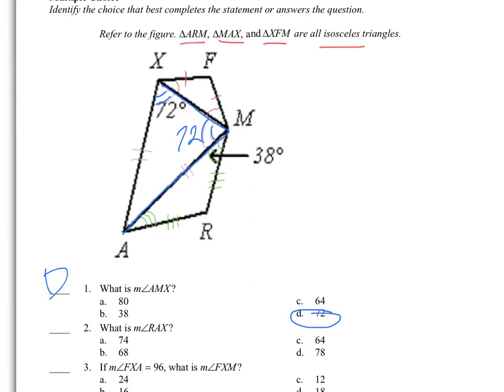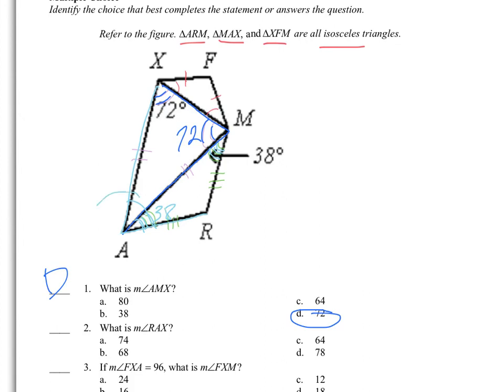Okay, the next question says, what's the measure of RAX? RAX is that light blue angle right there. What's the measure of that? Well, we can see that this angle is congruent to this angle in the triangle, so it's 38 degrees.